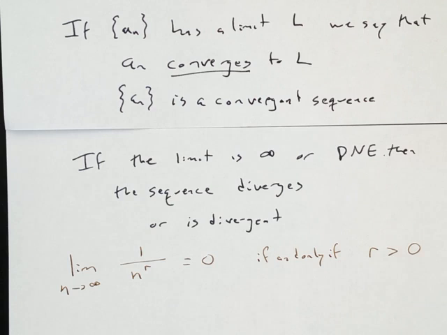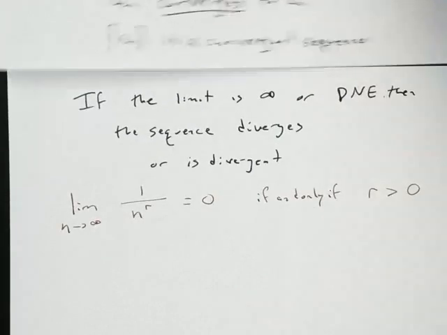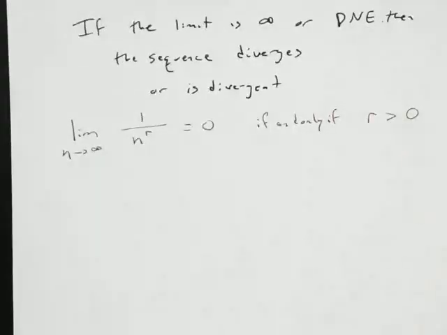And we did that idea when we were doing improper integrals. Remember, we did the integral of 1 over x to a power? We figured out when it worked and when it didn't. As a matter of fact, a lot of our theorems on functions translate directly to sequences.